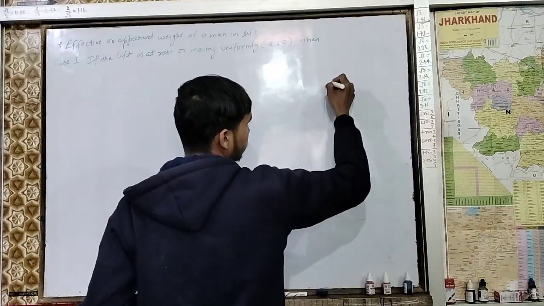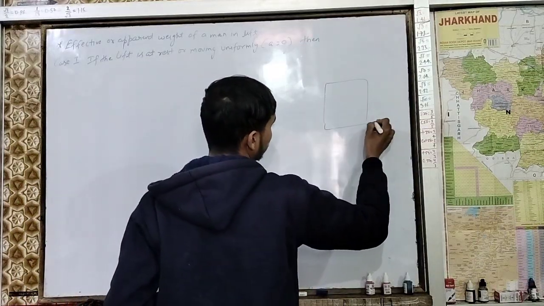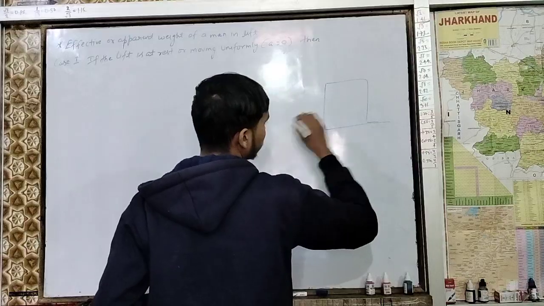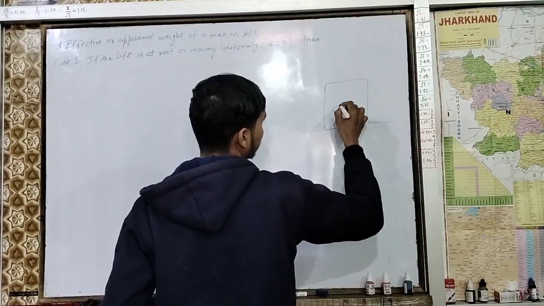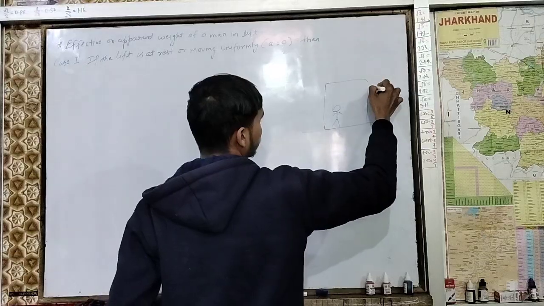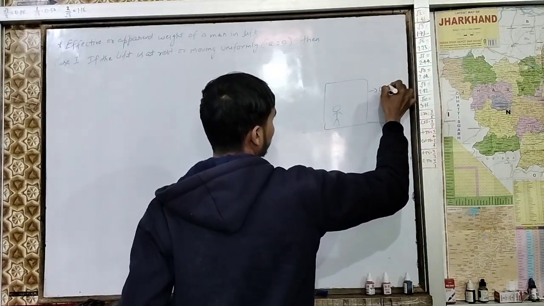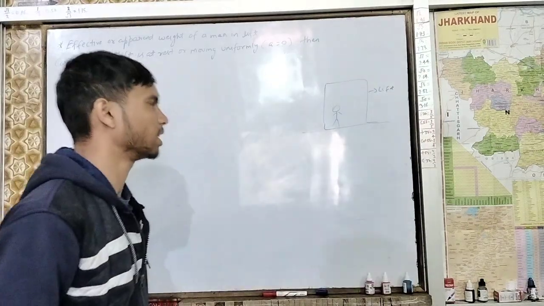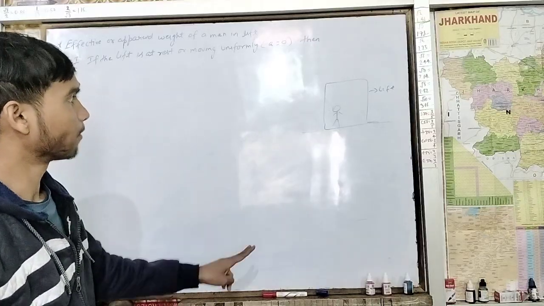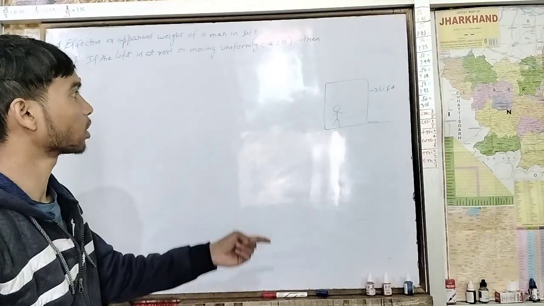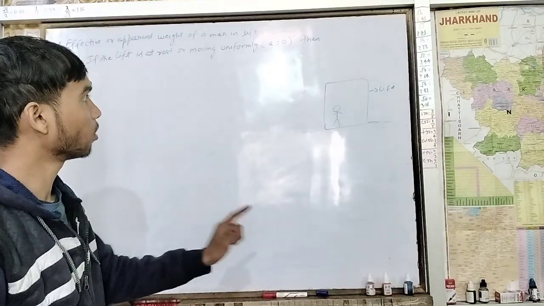So let's say this is a figure of a lift, and there is a person inside it. Remember, this is a lift. The case, or condition, is: if the lift is at rest or moving with constant velocity, then what is the weight of the man?